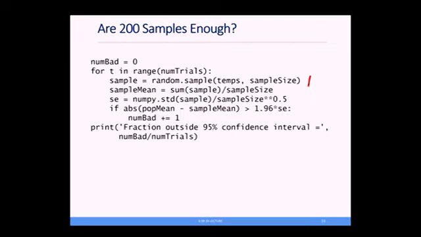I'll then get the sample mean. Then I'll compute my estimate of the standard error as seen here. And then if the absolute value of the population mean minus the sample mean is more than 1.96 standard errors, I'm going to say I messed up, right?